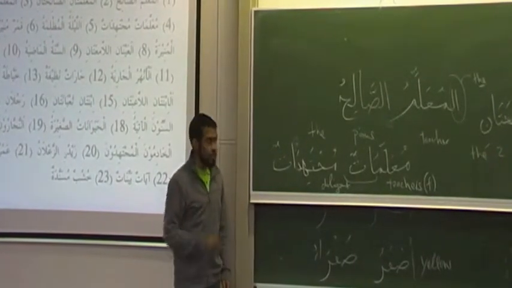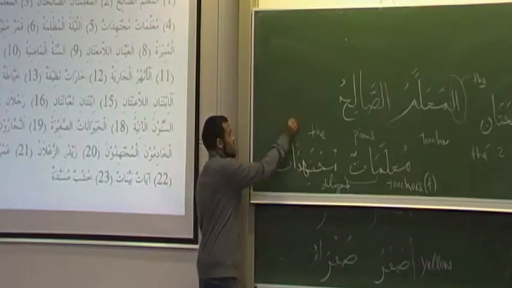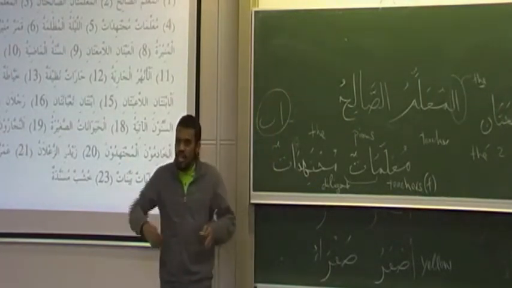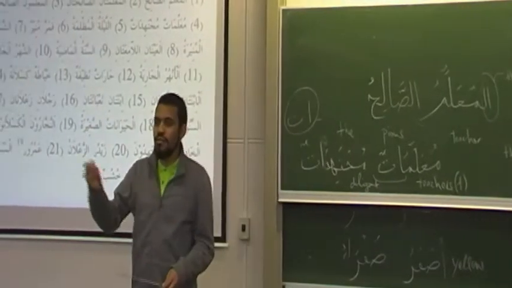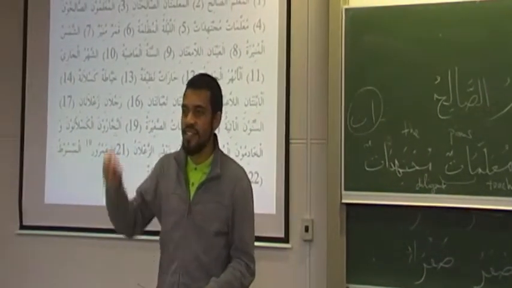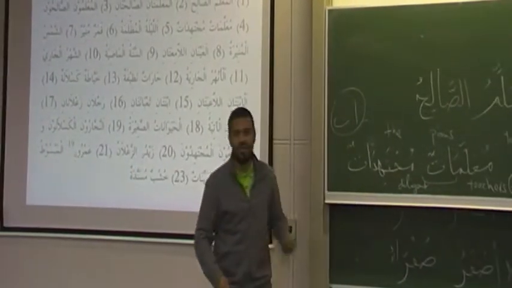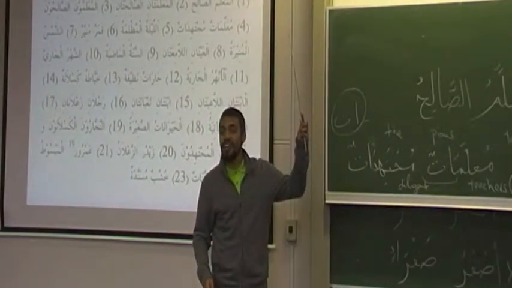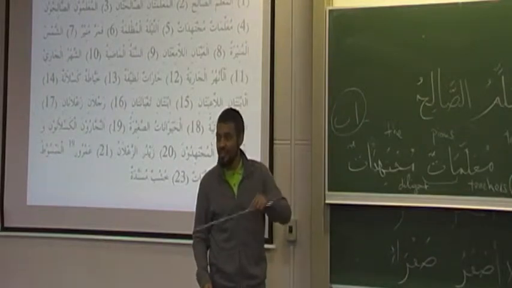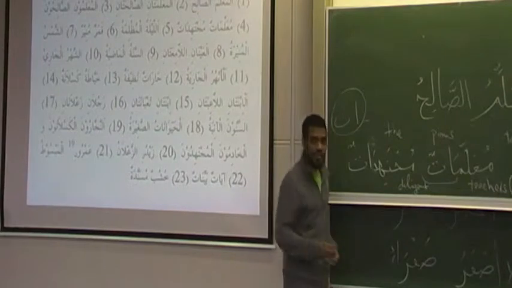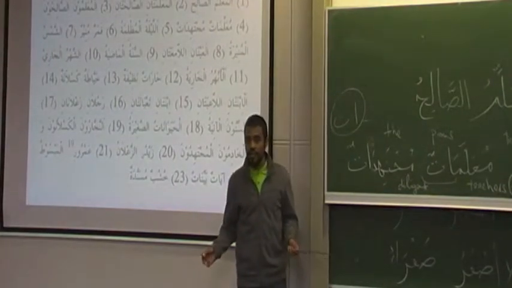Yes, because the atun here is a sign of femininity. You can add it to your signs: muslimat, mu'minat, qanitat, taibat, dhakirat, mujtahidat, muallimat, salihat. All of those are feminine plural.